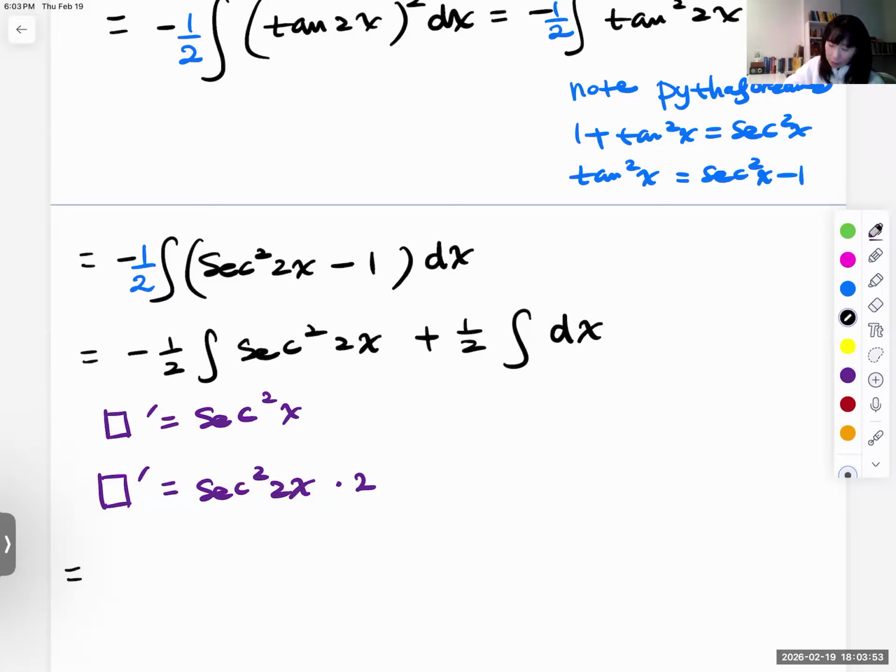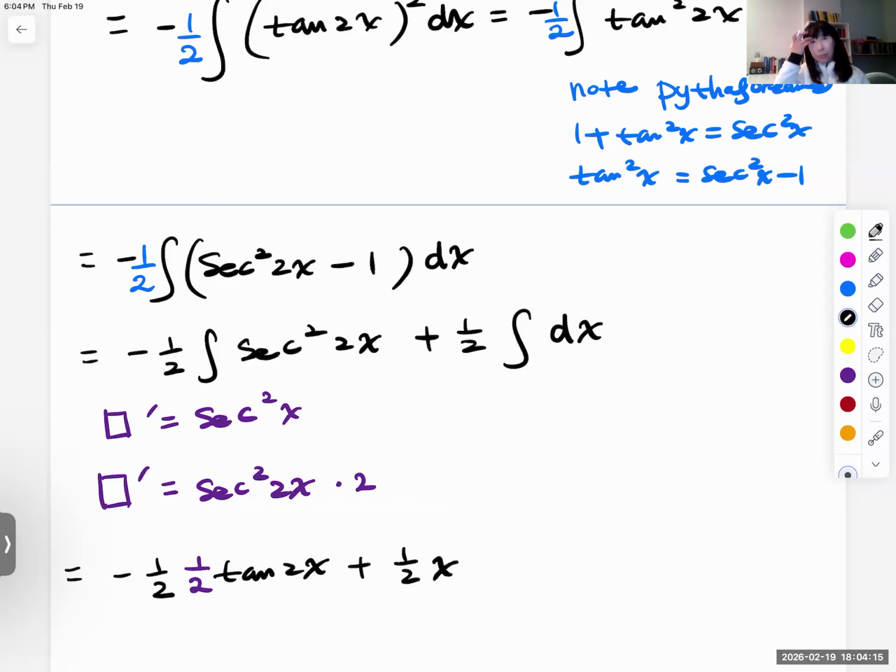So there will be the first term, negative 1/2 tan 2x, 1/2 there, plus 1/2 x.